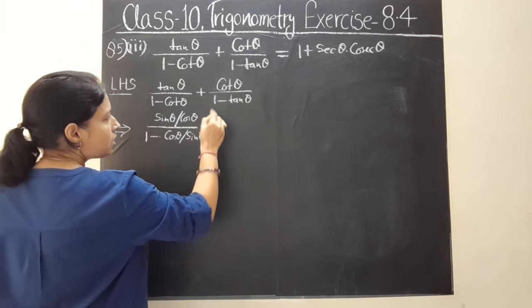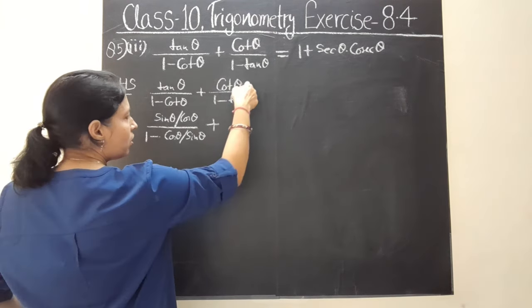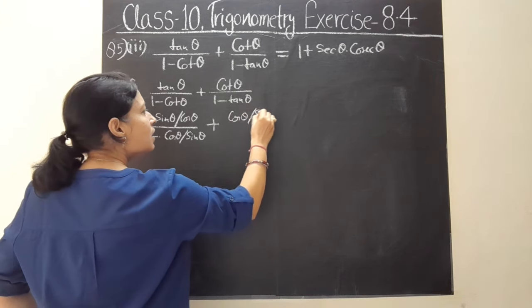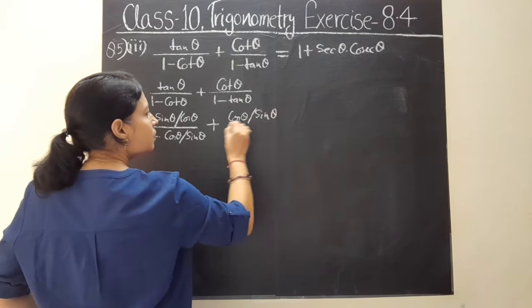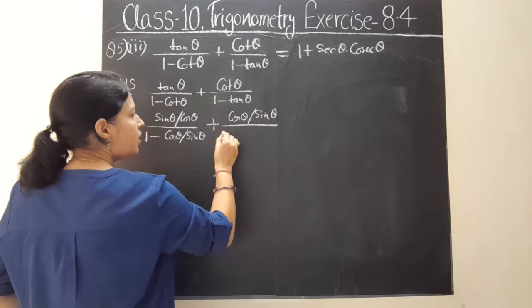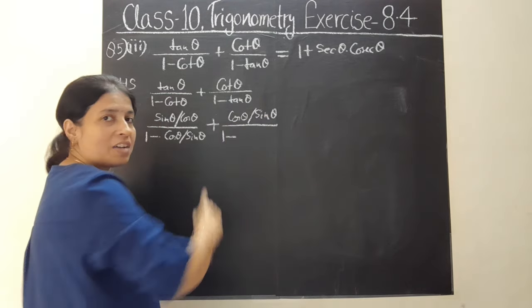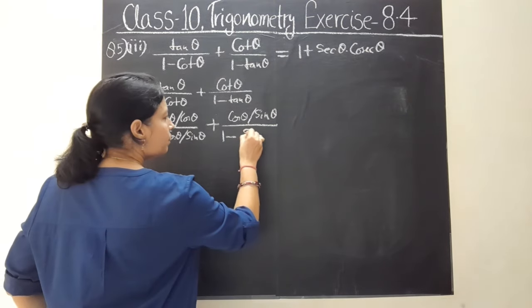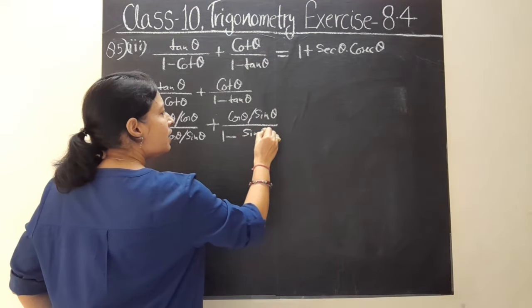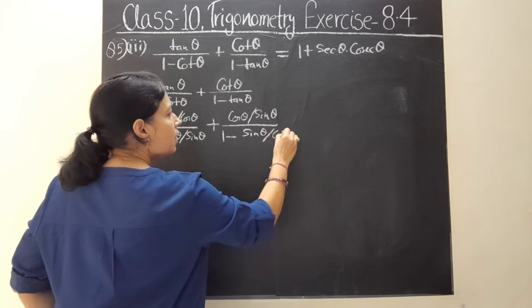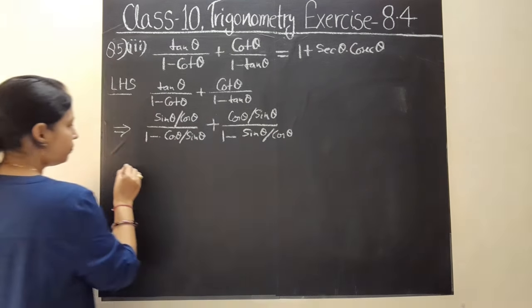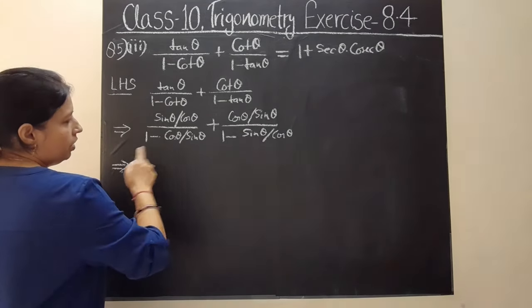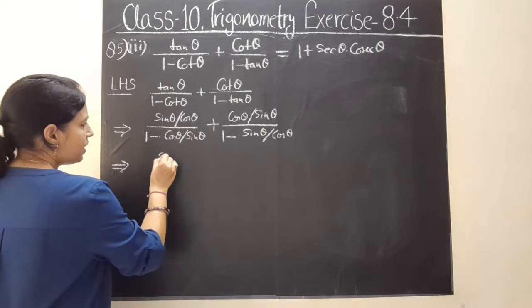Write here plus, cot theta is equal to cos theta divided by sin theta. Then write 1 minus, in place of tan theta write sin theta by cos theta.